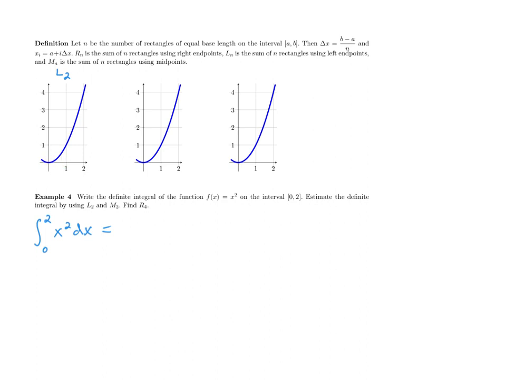So the process would look like this. We have the interval from 0 to 2, and we're going to divide it into 2 equal pieces. And like last time, that just means you have 0, 1, and 2 as endpoints.